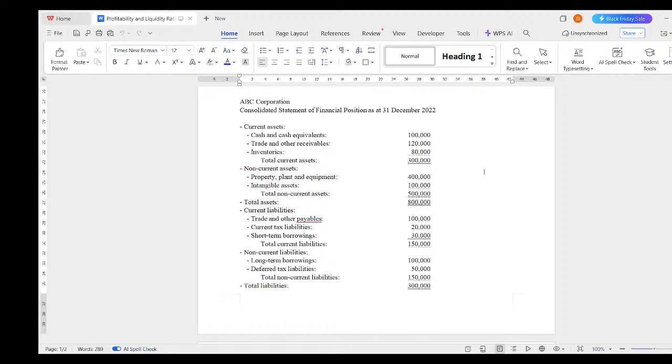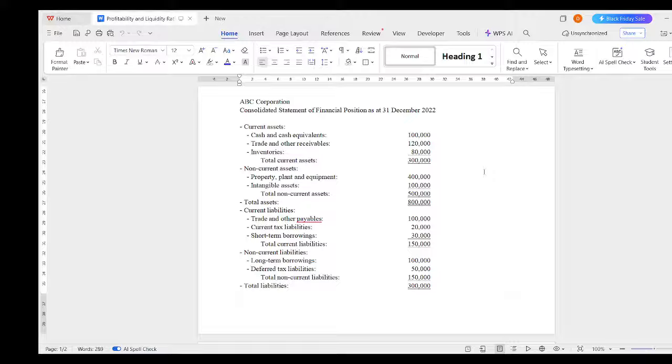Then we have current liabilities, trade and other payables 100,000. Current tax liabilities 20,000. Short-term borrowings 30,000. Total current liabilities 150,000.